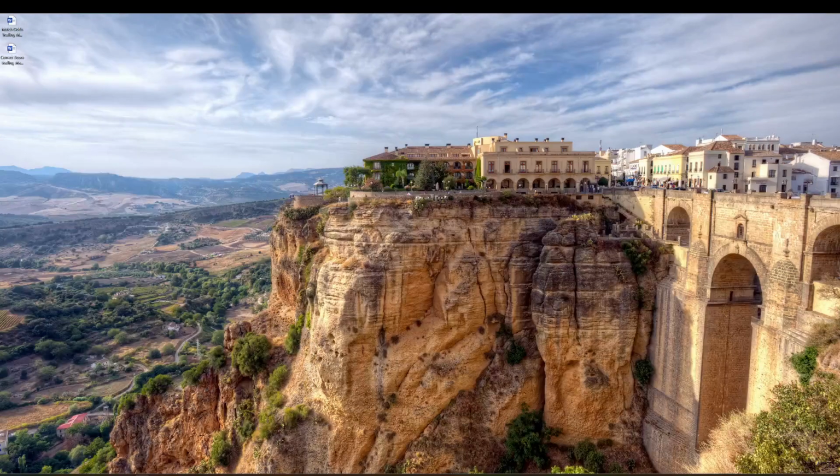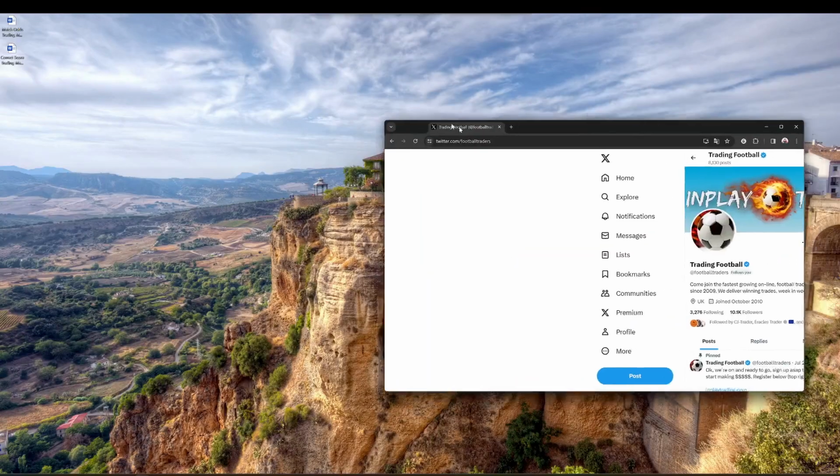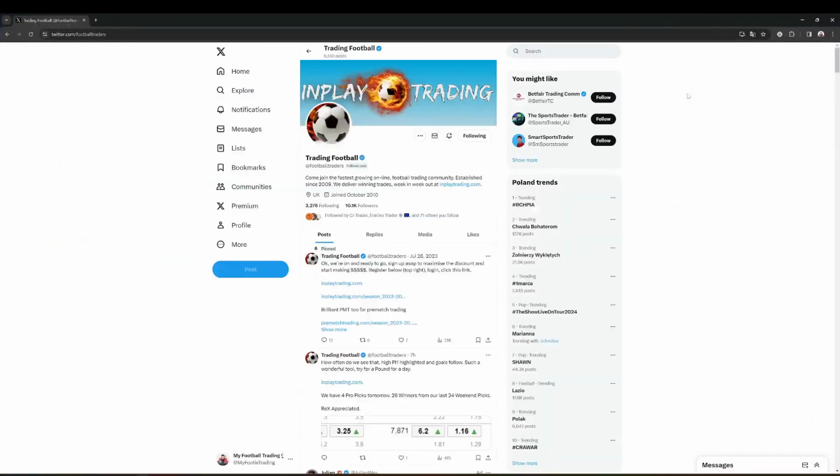So it is quite an easy approach, I would say. It's called GoalWatch, and it has been popularized by trading football, and here I'm giving a shout out to @football traders.